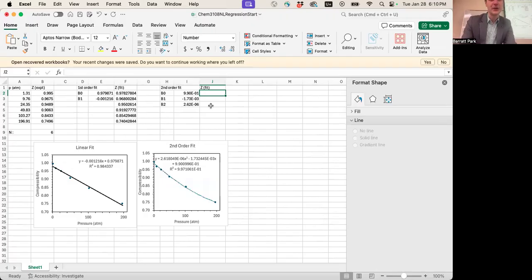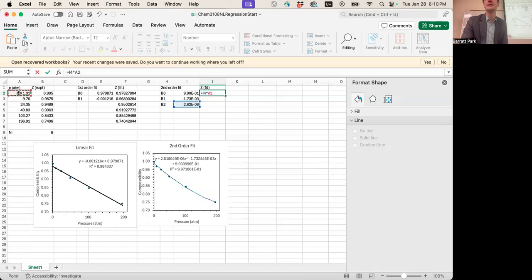According to the equation, we want the second order virial coefficient times the pressure squared. So the first pressure is this one here, and I'm going to raise that to the power of 2. Plus the B1 coefficient times the pressure to the first power. Plus the B0 coefficient, and that doesn't get multiplied by anything.